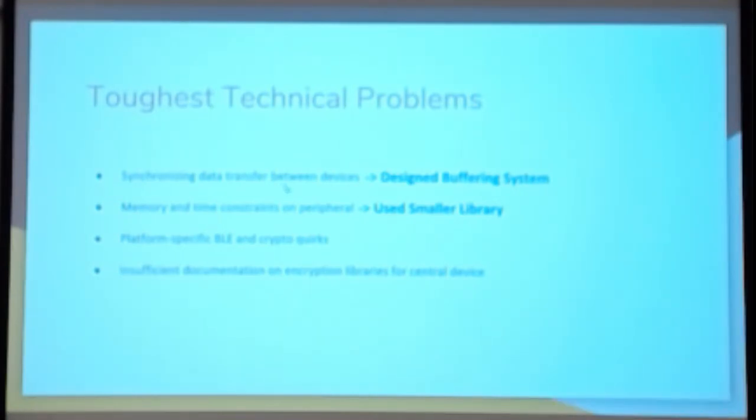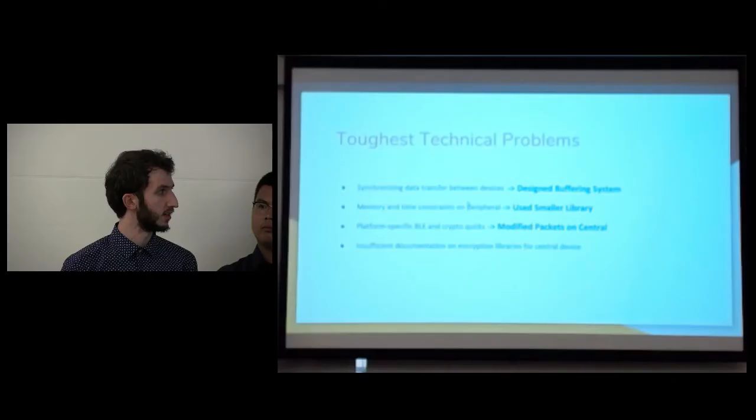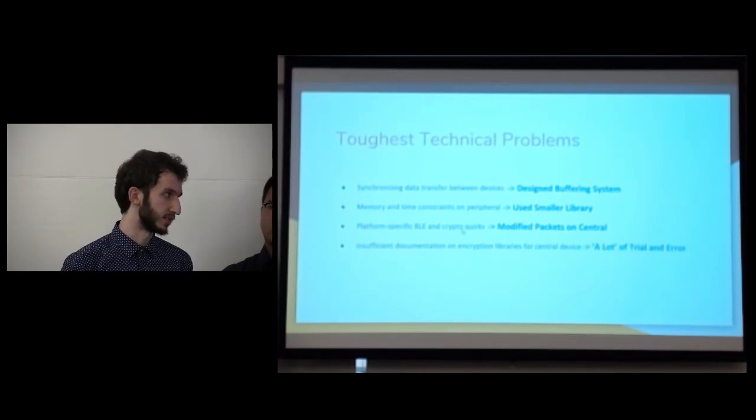Some additional challenges that we faced when developing the prototype included idiosyncrasies between the different platforms and the respective libraries that were available on each. For example, the Bluetooth stacks and crypto libraries had slightly different implementations.